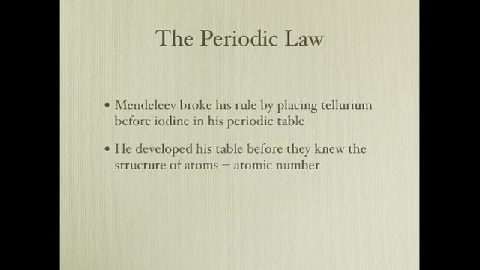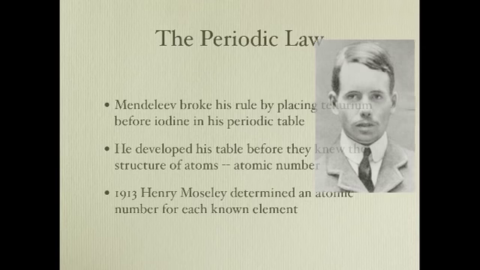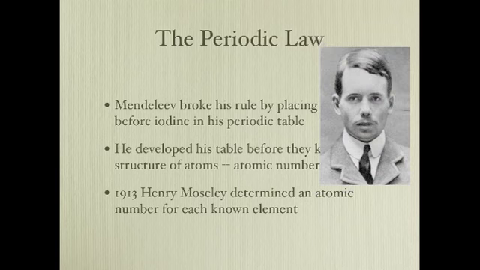So he's placing them in order based on properties and masses, but he'll move them if he needs to. And it ends up being the perfectly right order according to atomic number, which wasn't determined until about 1913, when Henry Moseley figured out how to do that.